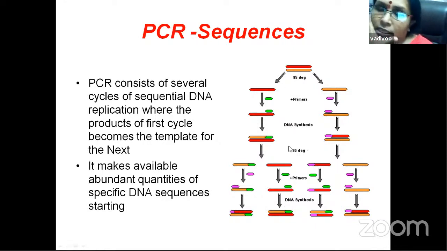Each occurs at a different temperature. Ultimately, after some 35 or 40 cycles, you will have an amplified nucleic acid from the primers. The primary nucleic acid will be amplified many times, a logarithmic multiplication.